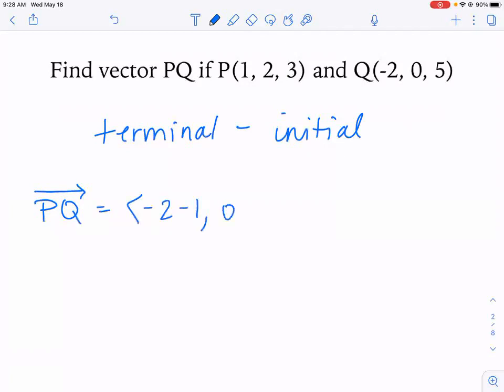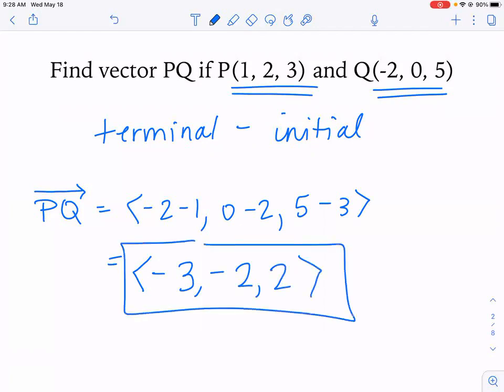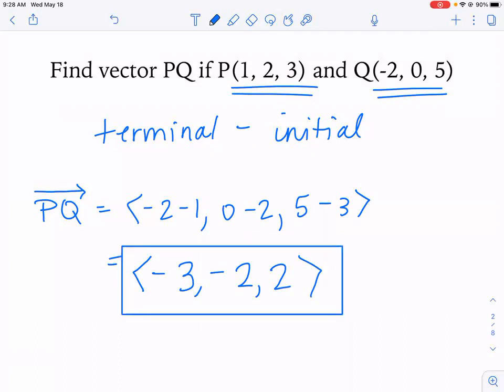We're going to take 0 minus 2. We're going to take 5 minus 3 because we're taking the terminal minus the initial. No, it's not alphabetical. Okay, but I could ask you for the vector QP.